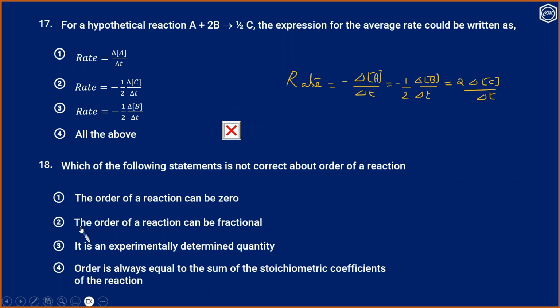So options 1, 2 and 3 are correct. But the fourth one, order is always equal to the sum of the stoichiometric coefficients, is not correct. If the reaction is an elementary reaction, it can be the sum of the stoichiometric coefficients. So this statement is not correct, since we are using the term always. So the correct answer should be the fourth option.